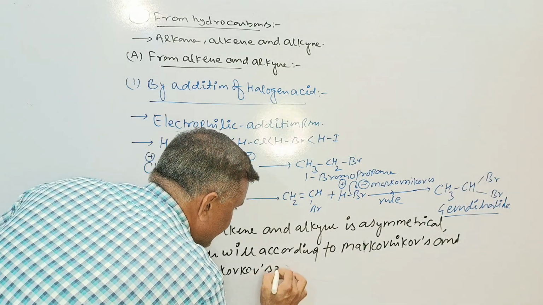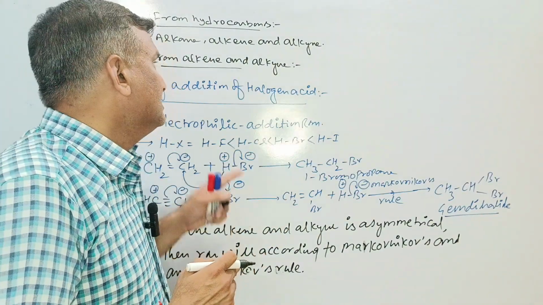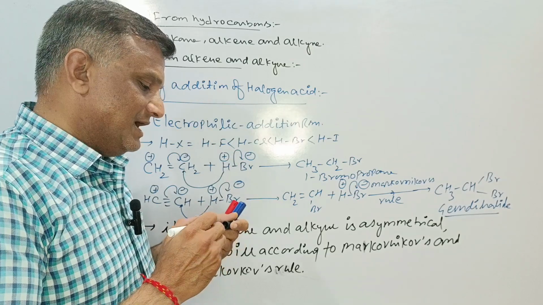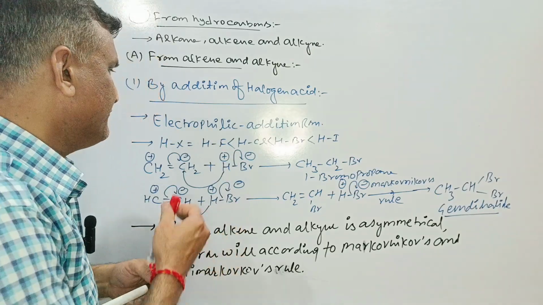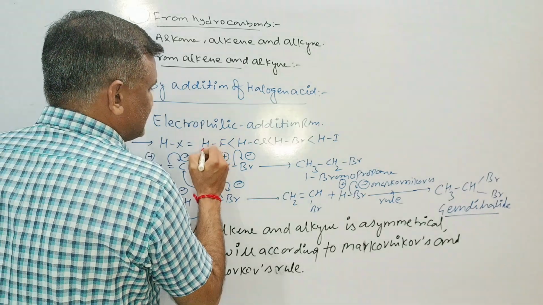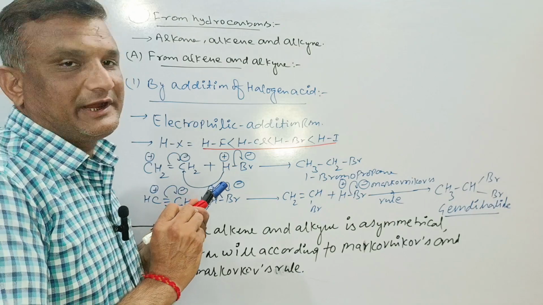What are they? We'll discuss. This was about the initial part of preparing from alkene and alkyne by the addition of halogen acid, and this is the most important for learning. The reactivity sequence we have also discussed in the previous videos, meaning HI is more reactive.